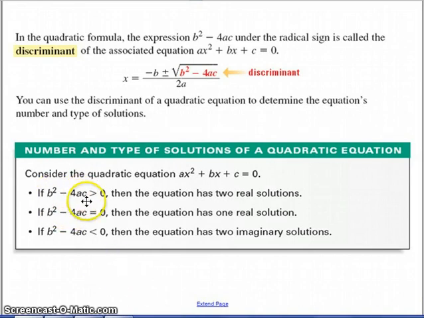If b squared minus 4ac is more than 0, then you will have two real solutions. If the two cancel each other out, in other words, if b squared is the same amount as minus 4ac and they turn out to be 0, then you're going to have one solution. And if the 4ac is in absolute value terms larger than b squared, in other words b squared minus 4ac becomes something below 0, then you're going to have those two imaginary solutions that I talked about.